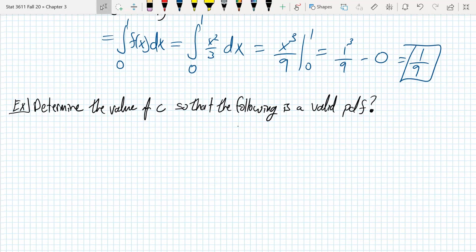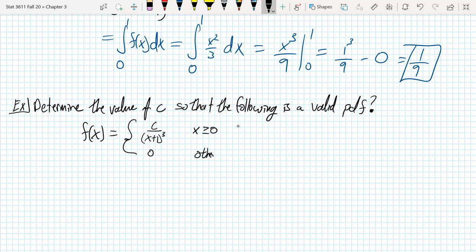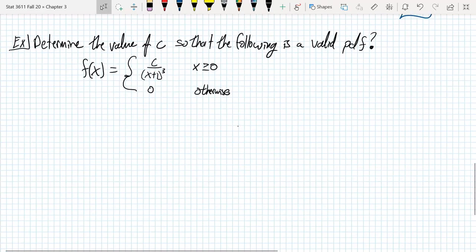But let's try this for this question. So what's the PDF? f(x) is C over (x plus 1) cubed for x greater than or equal to 0, and then it's 0 otherwise.